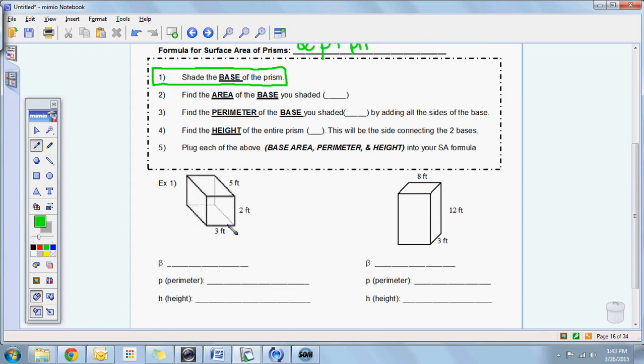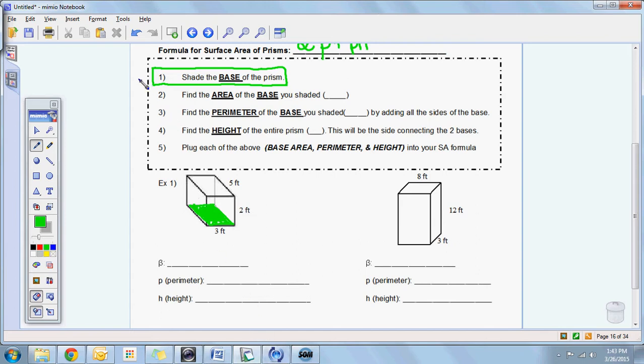They're all rectangles, so it doesn't matter. I'm just going to choose to shade this rectangle down here, and that's what I'm going to use as my base. I know some of you think this is silly, but it will really help you if you do this, okay? So it's kind of a requirement for me that you shade the base that you're using, okay? So I'm going to shade my base.